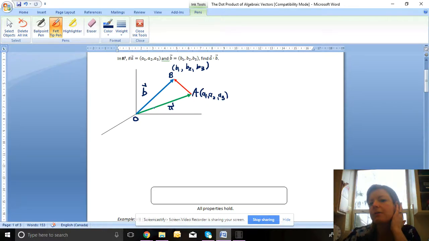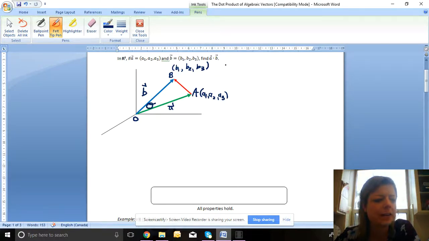Okay, we want to find how we can represent the dot product of A dot B without using our geometric understanding. So I am going to do a little proof of this, so bear with me here. We're going to use the cosine law to actually prove the dot product. Imagine origin, A, B, OAB being a triangle.